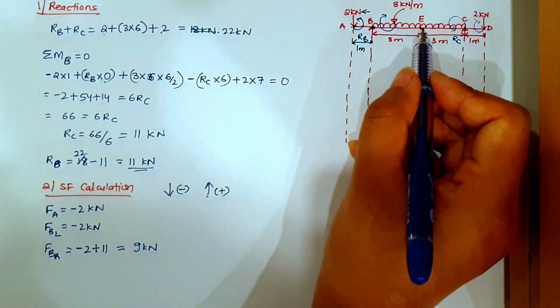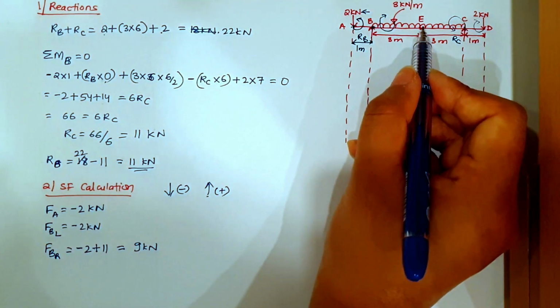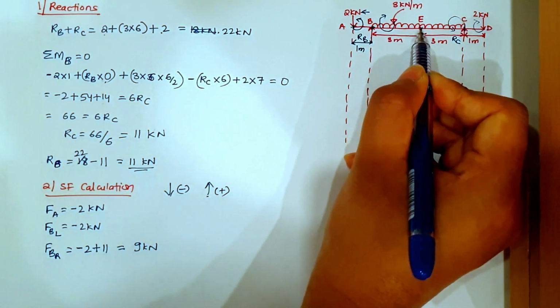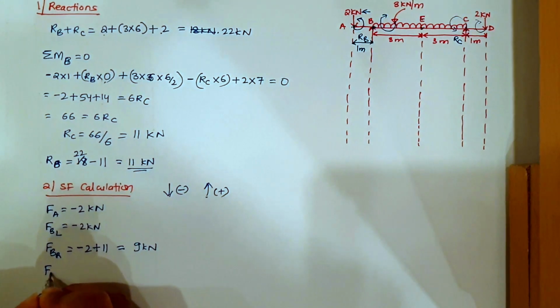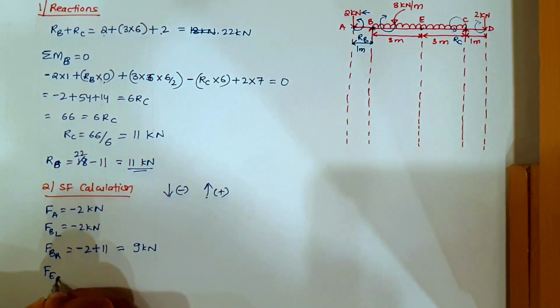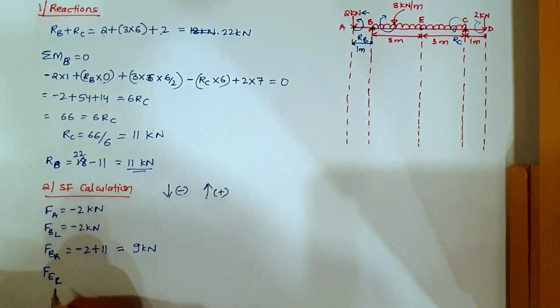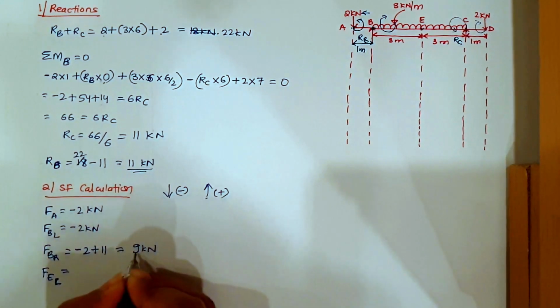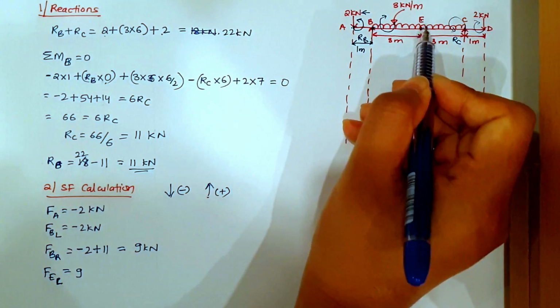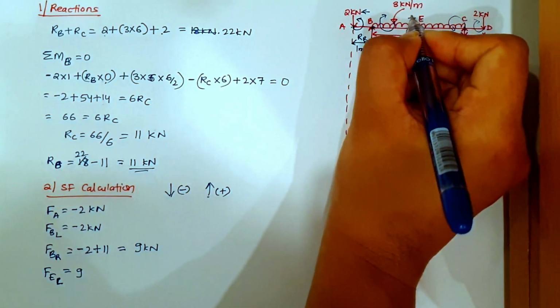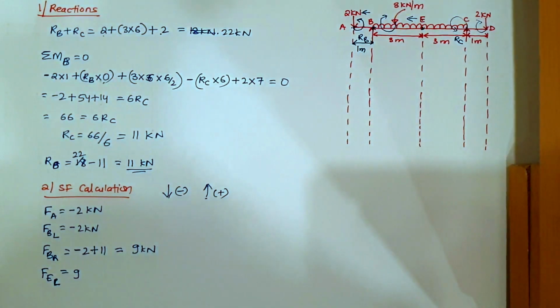Now similarly, let us find force at this point, E point. E point is given here, so we need to find force at E also. Force at E, left hand side of E, will be equal to the last force we got, 9 up to E. The left hand side of E is this direction.